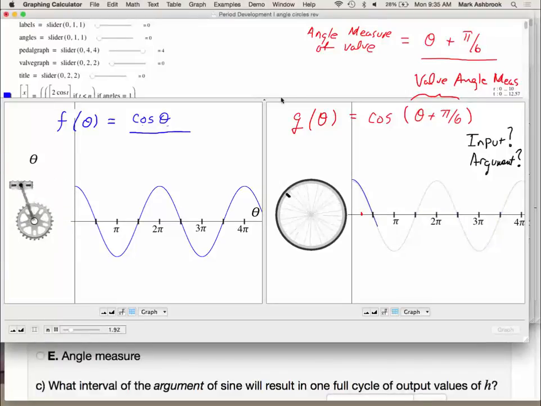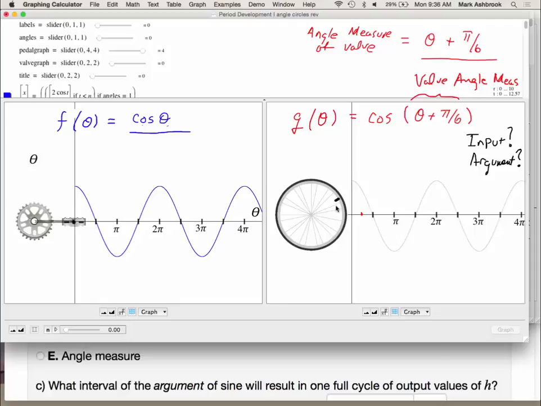So if the valve angle is ahead by pi over 6, then what about the cycle of the valve when the pedal angle is 0? It already started, right?